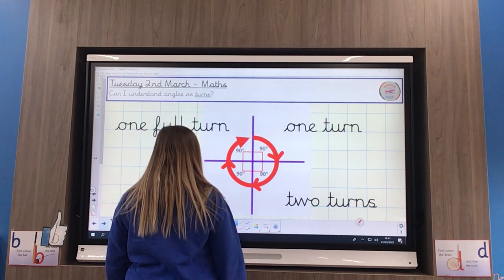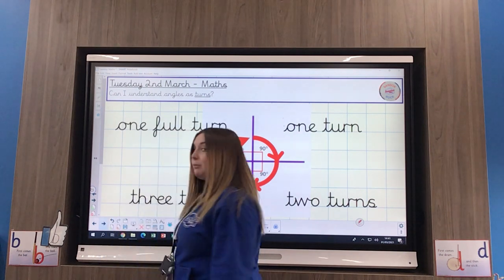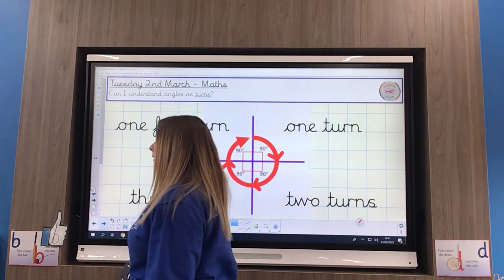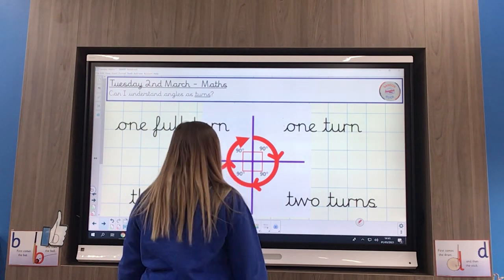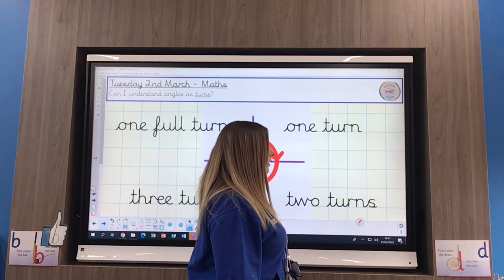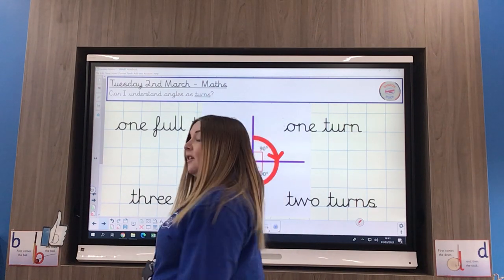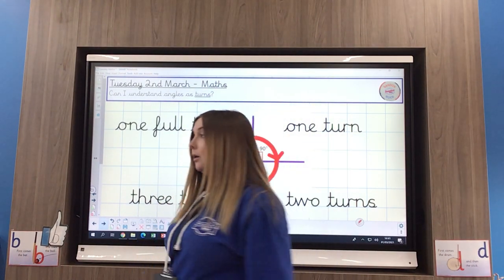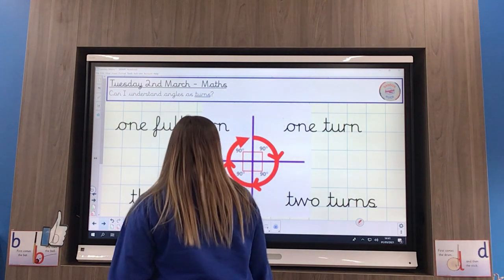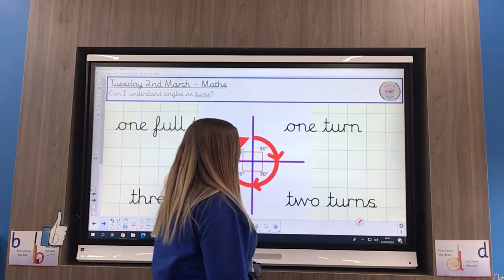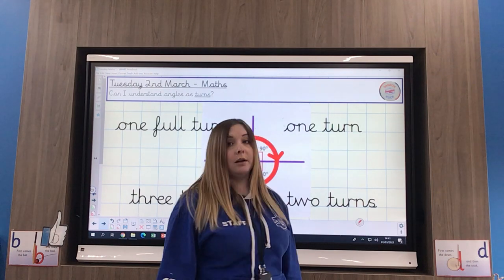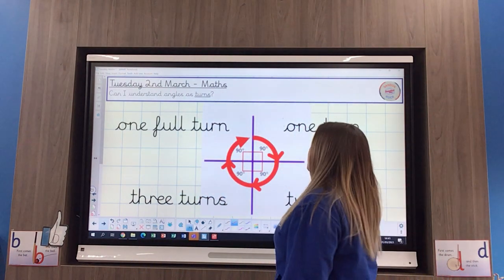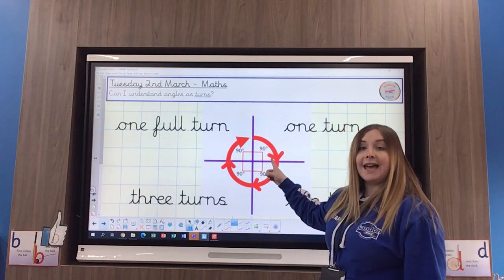If I was going to make 3 turns, so remember I started here, I'd go 1, 2, 3. And if I was going to make a full turn, I'd go 1, 2, 3, 4, one full turn. And each of those turns are 90 degrees.